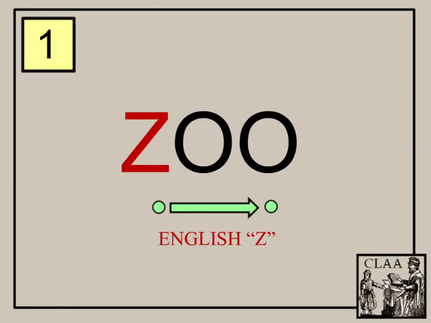The first sound made by the English letter Z is the consonant sound Z. Z. Let's practice reading this word with the English Z sound. Zoo, zoo, zoo.